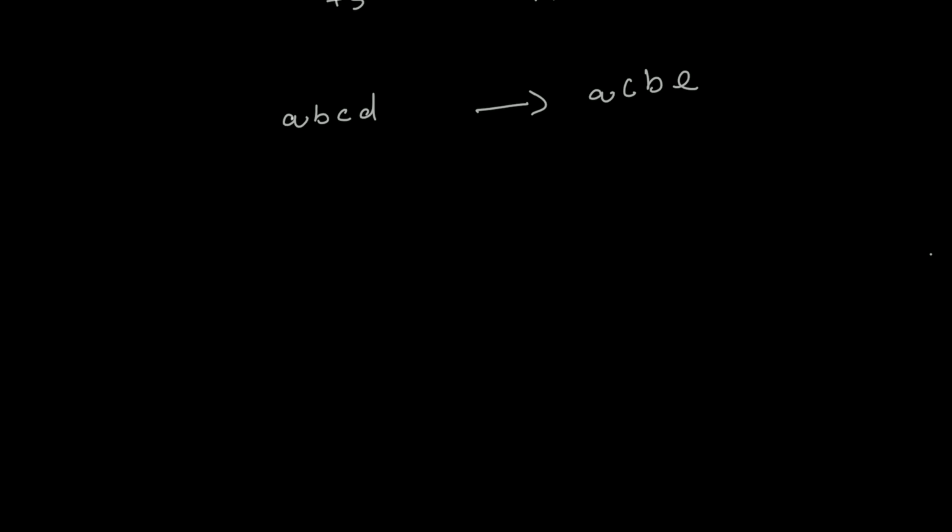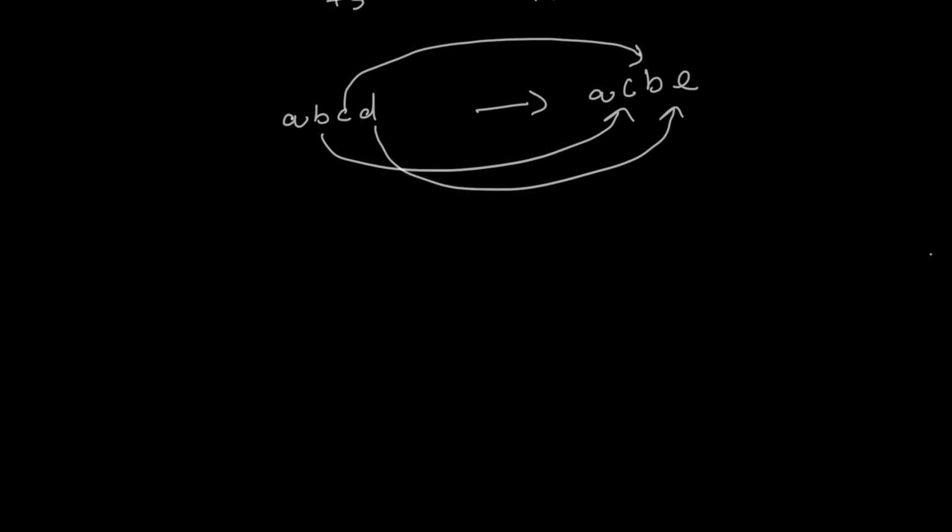So at the end we need to change this B to this C with minimum cost, and similarly we need to change this C to B with minimum cost, and finally we need to change this D to E with minimum cost. If we change each and every character with minimum cost, then the cost of changing source to destination will also be minimum.